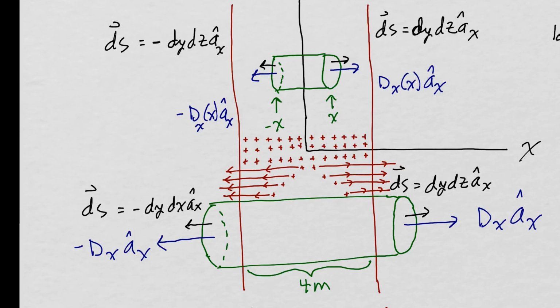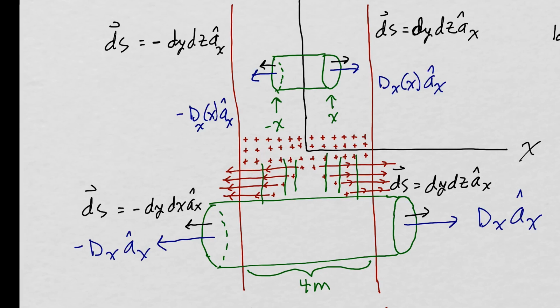So as we move to the right, you see that there's more and more electric flux lines, so the electric flux density field will increase as you move from 0 to +2 meters. And the same thing will happen as you move from x equals 0 to x equals -2 meters. As you move to the left, there are more and more electric flux lines, so the electric flux density field is increasing.